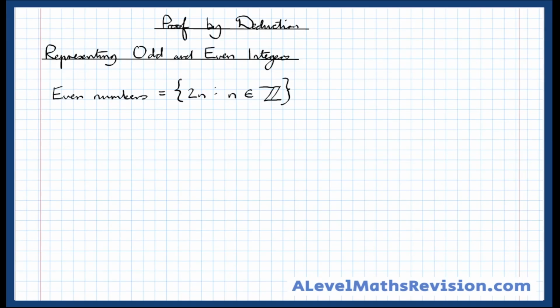So odd numbers now are ones that can be represented by 1 more than an even, which makes it odd, or 1 less than an even.